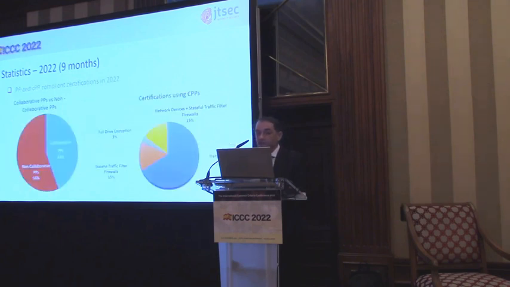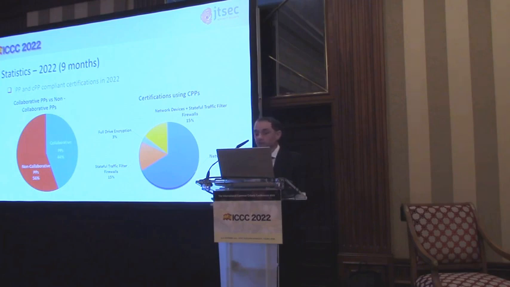We also collected information about the use of collaborative PPs. In 2022, 44% of the protection profiles used were collaborative PPs, and the second pie shows which CPPs have been the most used. The most popular one more year is the CPP for network devices, with a huge difference over the second.